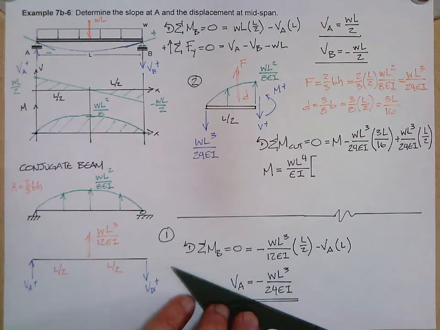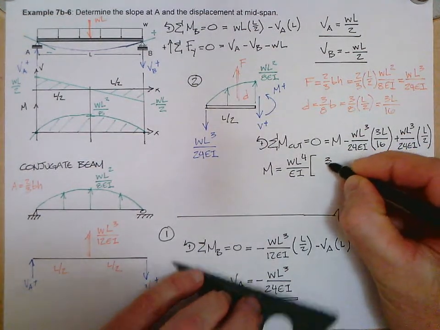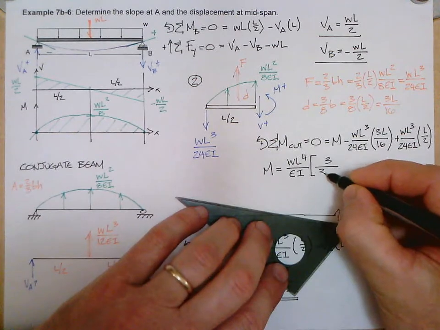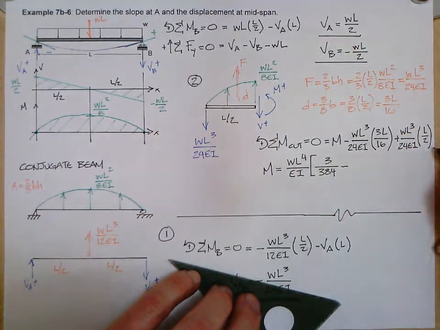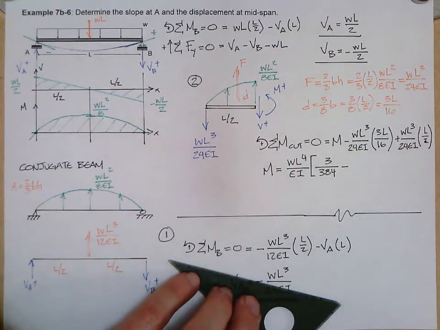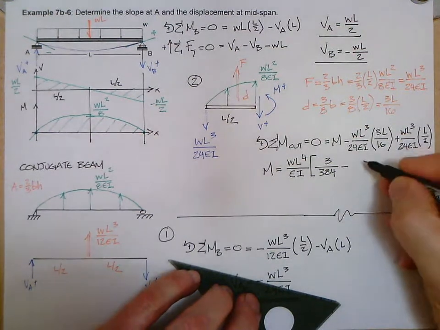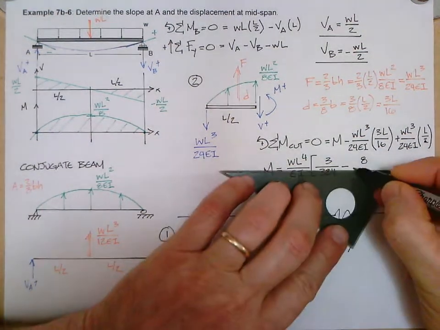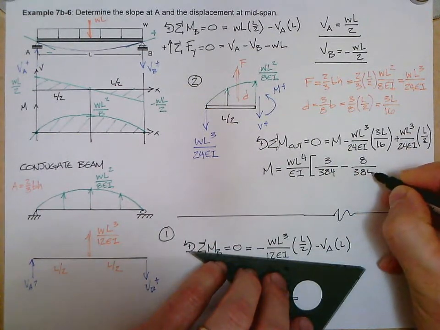What's 24 times 16? 24 times 16 is 384. So this will be 3 over 384 positive. And then I'll subtract this. So that's 48. 48 goes into 384 8 times. So this becomes 8 over 384.